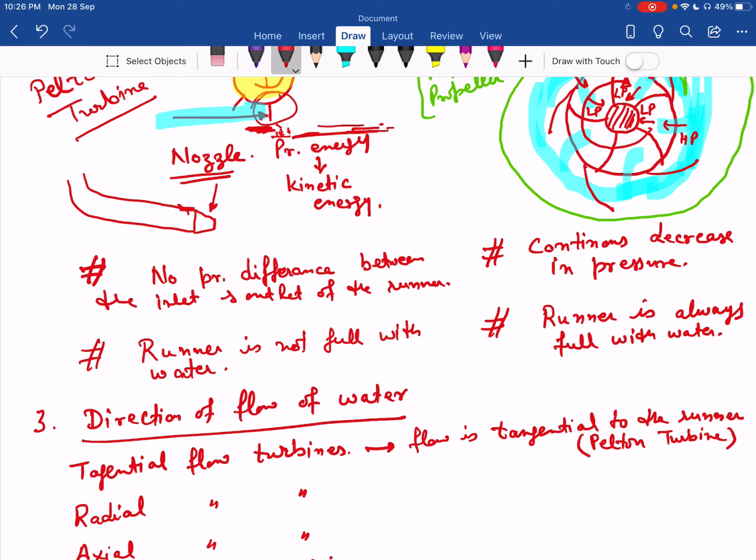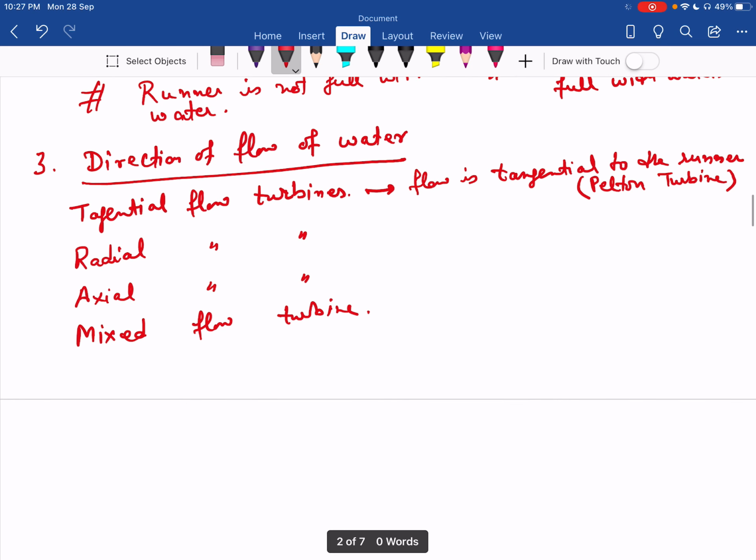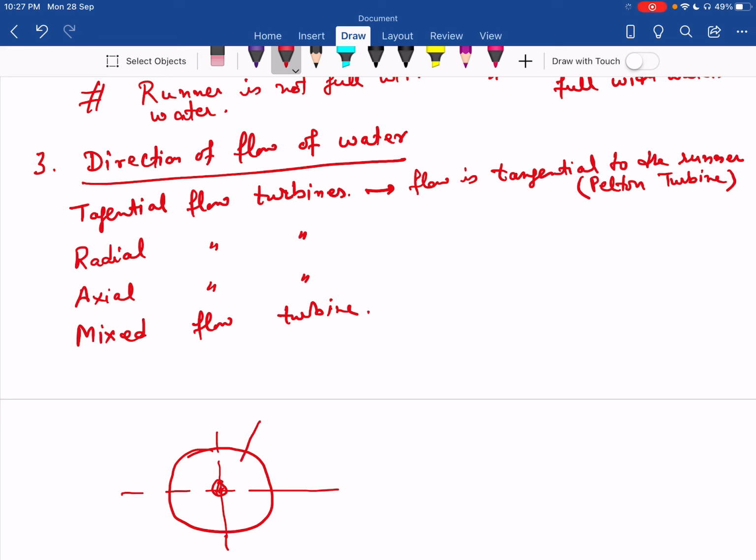Now in radial flow turbine, we have say this runner, and water flows. This is the shaft of the turbine. The water flows in this direction. This is the purely radial direction.